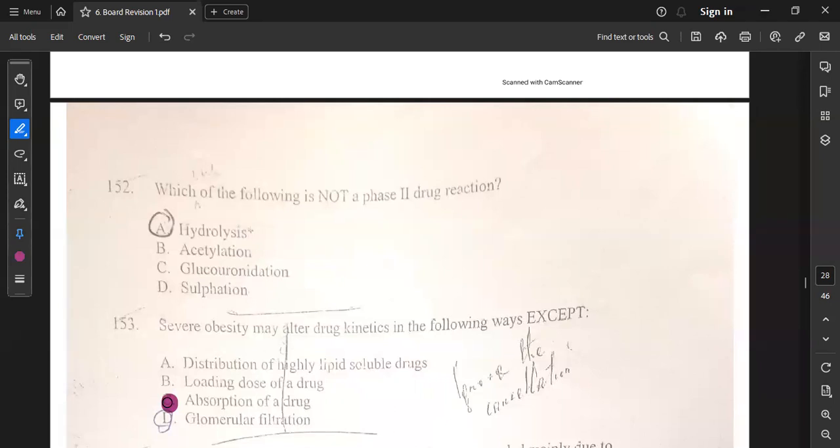And then two, insulin in itself causes lipodystrophy, and that's because the insulin stays within that area and refuses to redistribute to the rest of the body. So I'm wondering, isn't that something associated with severe obesity and the drug kinetics in themselves, especially when you're giving drugs subcutaneously?